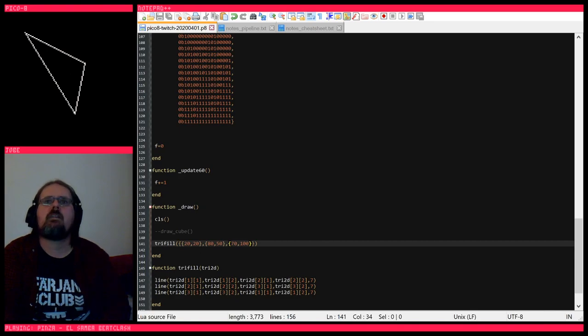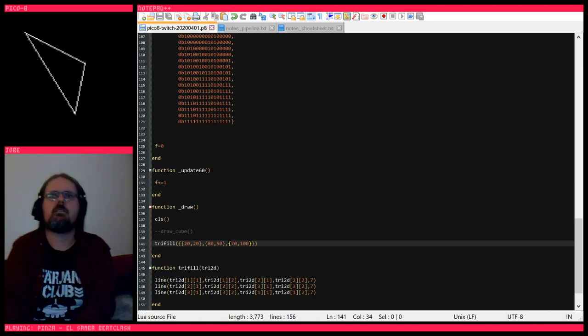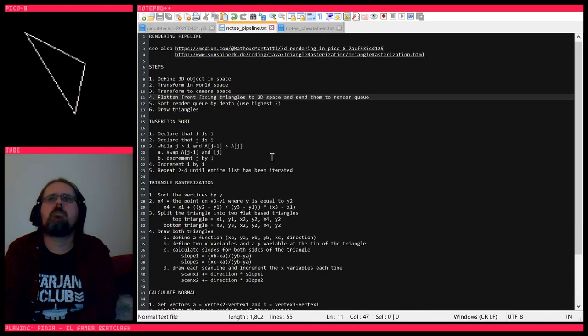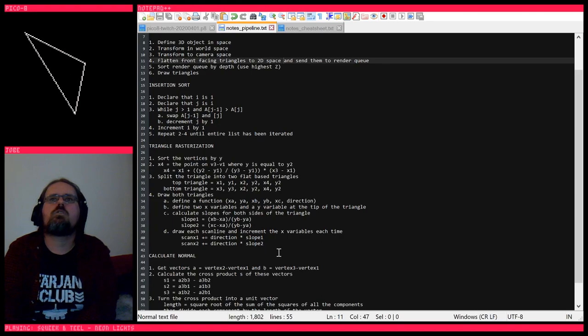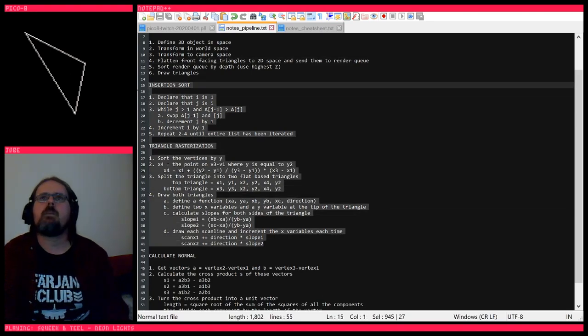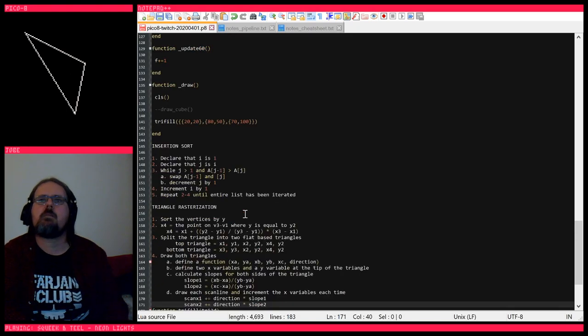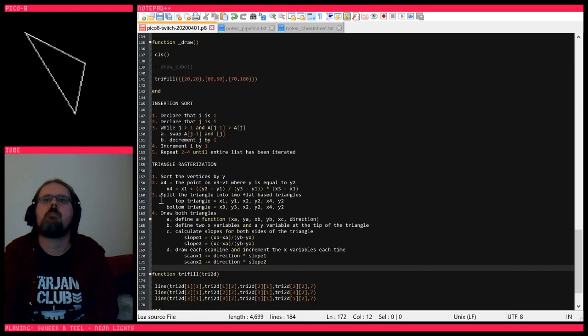Now we need to fill it, and this is something that doesn't exist in PICO-8. We need to do it by ourselves. I had put the notes about triangle rasterization and also insertion sort, because we're going to need to do sorting to do this. Again, sorting is something that doesn't exist in PICO-8 by itself.